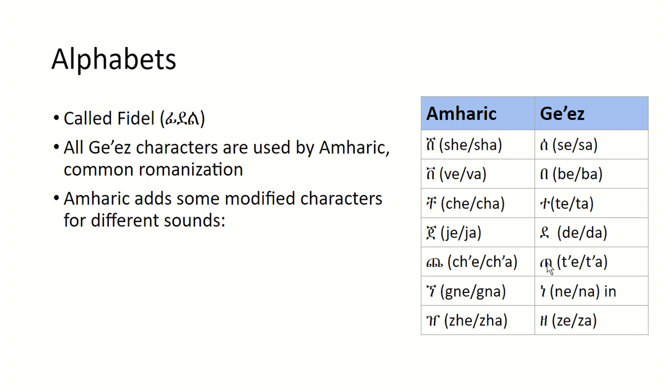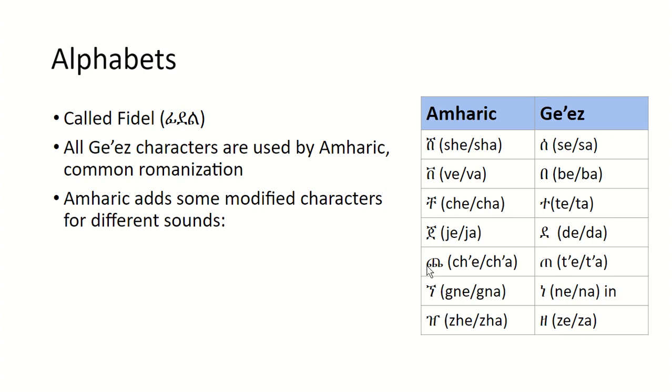Ta is common to both, and che is only an Amharic sound. The che sound doesn't exist in Ge'ez. And this is na, and this is nye. This is za, and this is je.